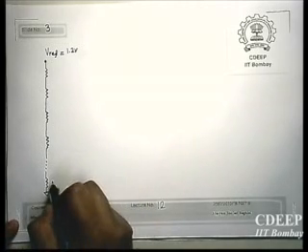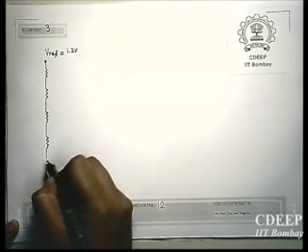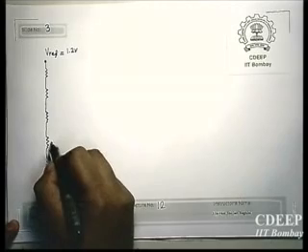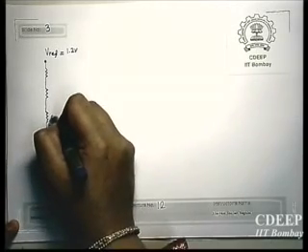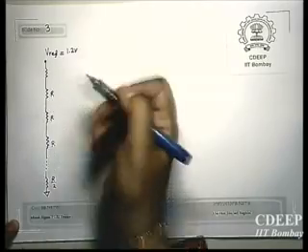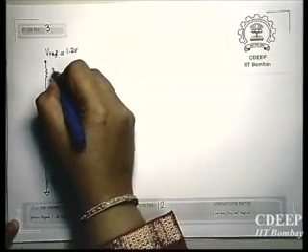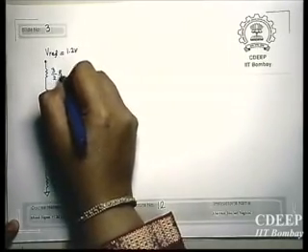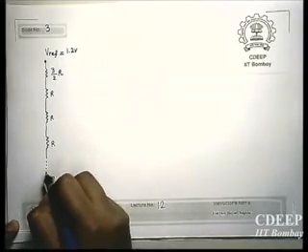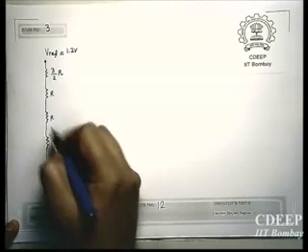Okay, so suppose this is R by 2. All intermediate values are R and the final is 3 by 2 R. And then you start getting reference values from these points.